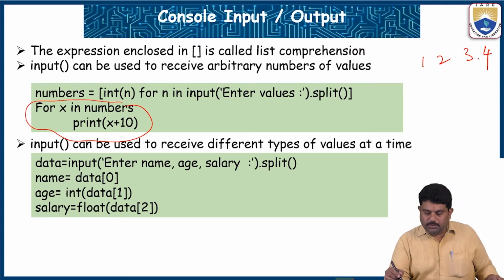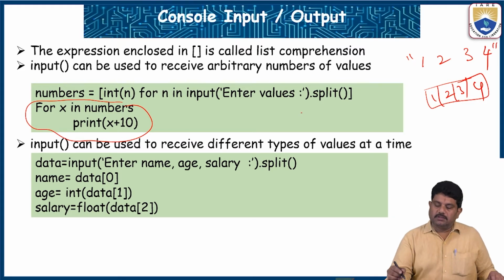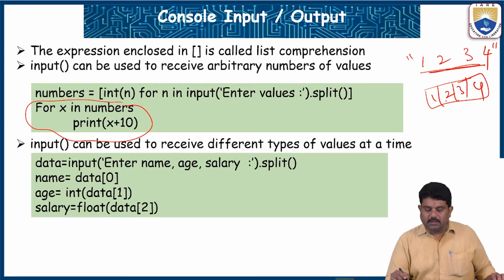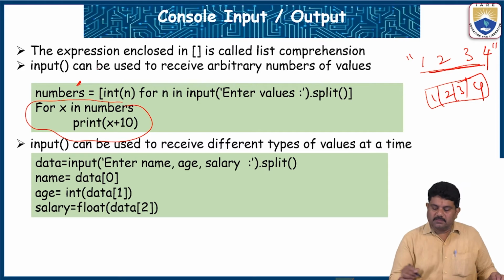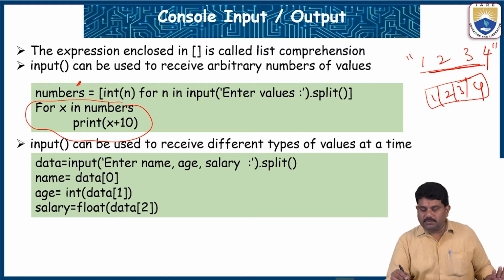Initially 1, 2, 3, 4 is a string, so this input function returns a string. And then because of this int of n, and because I'm using only a single variable here and multiple values are there, converting into integers, in such a case it converts as an array. So 1, 2, 3, 4. There are 4 numbers in an array.